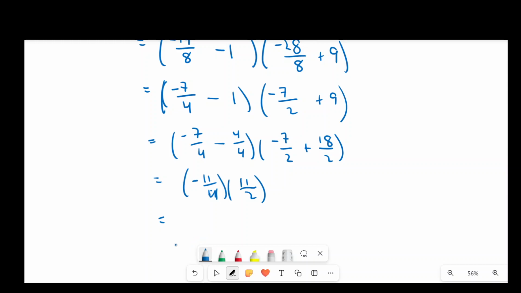So notice I'm following BEDMAS. I'm doing what's in the bracket, and now, finally, what's in the bracket is resolved, or as mathematically simplified as possible. And I can finally now multiply the two brackets together. So -11 times 11 is -121. And 4 times 2 is 8. And that doesn't simplify. So the vertex is -7/8 and -121/8.